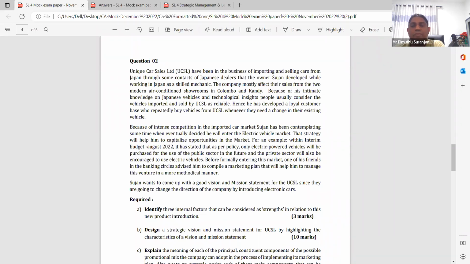It is present oriented. Vision is future oriented. So you have to come up with a vision and mission for this organization. Vision may be, to become the number one import car company in Sri Lanka. For the mission, you can explain current activities.